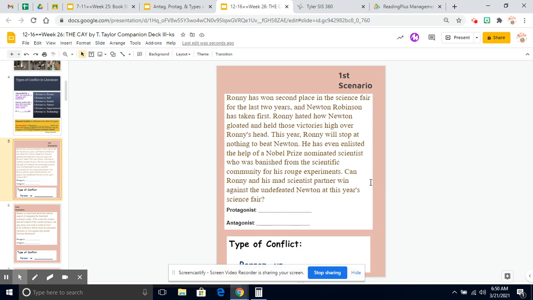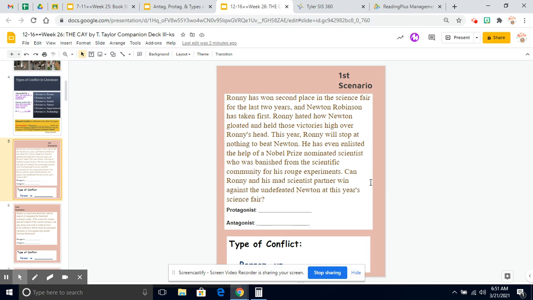Ronnie has won 2nd place in the science fair for the last 2 years, and Newton Robinson has taken 1st. Ronnie hated how Newton gloated. To gloat means to brag. Ronnie hated how Newton gloated and held those victories high over Ronnie's head.